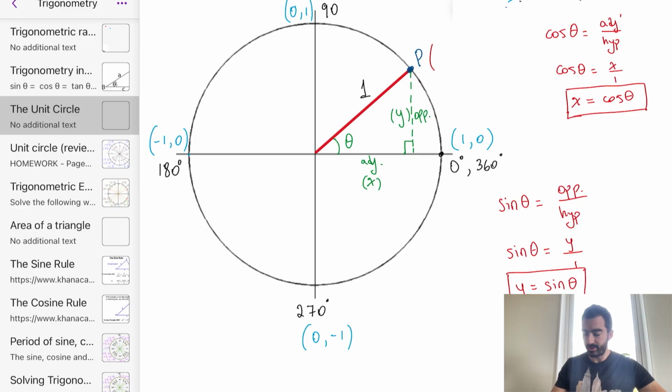Instead of x, I have cos theta. Instead of y, I have sine theta. So if that theta is 45 degrees, then the coordinates of P are going to be cosine 45, sine 45. If that theta is 30 degrees, the coordinates of P will be cosine of 30 and sine of 30 degrees.